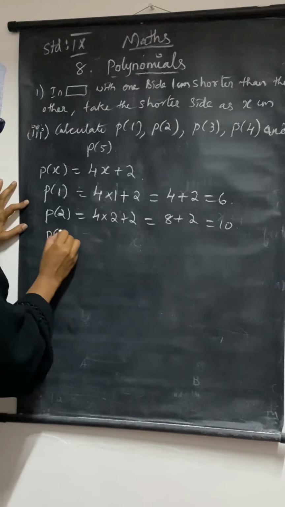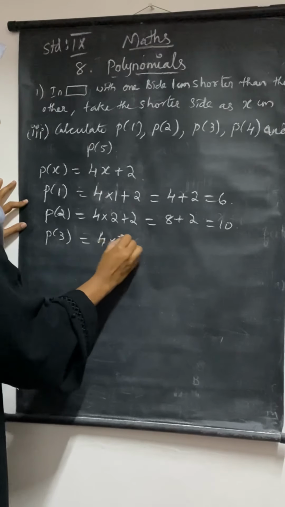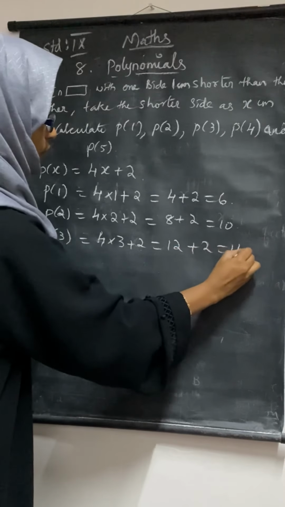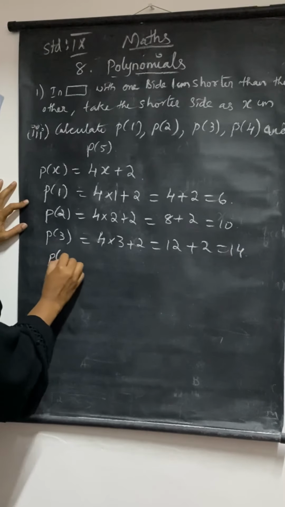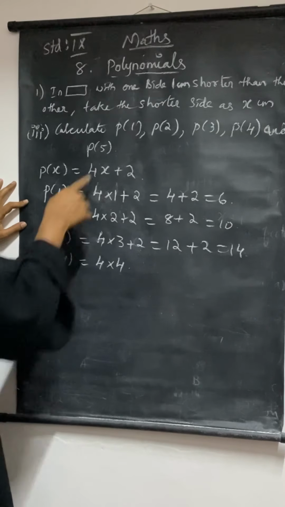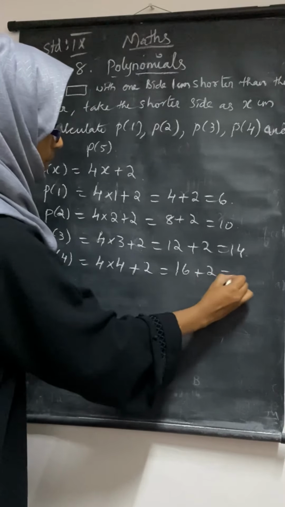Next p of 3. So 4 into x, x became 3 now plus 2. 4 3s are 12 plus 2, 14. Now p of 4, x became 4, so 4 into 4 plus 2, 16 plus 2, it becomes 18.